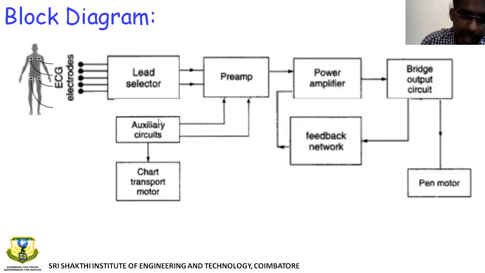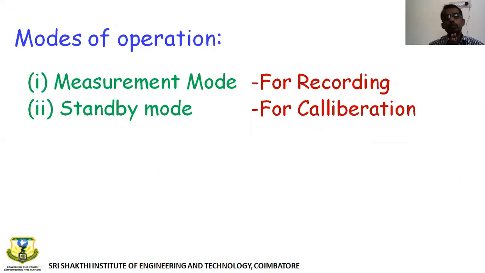The second thing is that when we do a calibration operation, the auxiliary circuits will produce a 1 millivolt signal. I'll explain what calibration is in the next slide. There are two modes of operation. One is the measurement mode, where we are measuring the ECG and plotting the ECG.